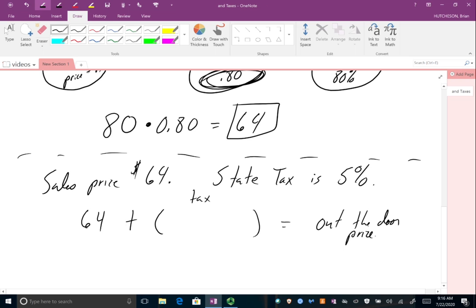Well, how do we find tax? Well, we take the sales price times the tax amount, and ours is 5%, so we're going to multiply by 0.05. So on $64, we have to pay $3.20 in tax.